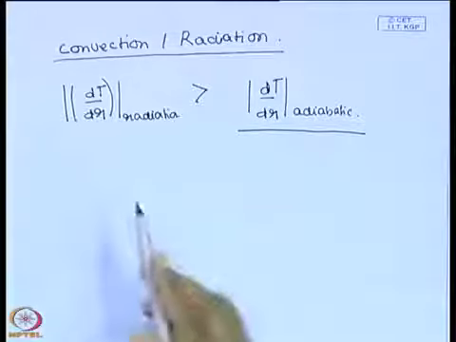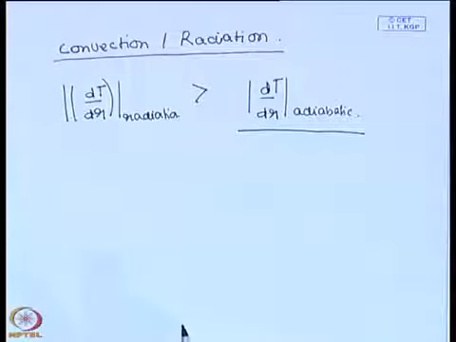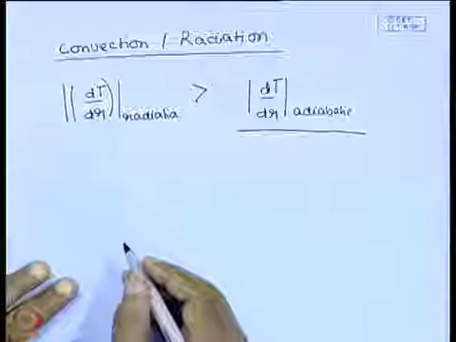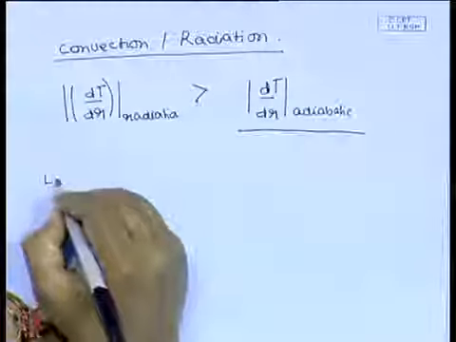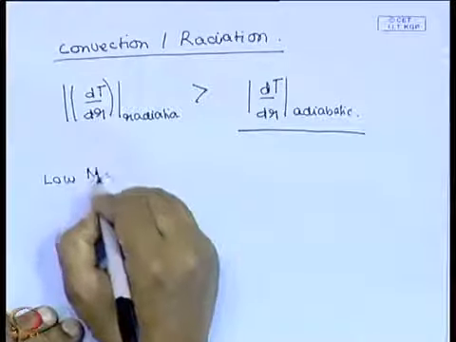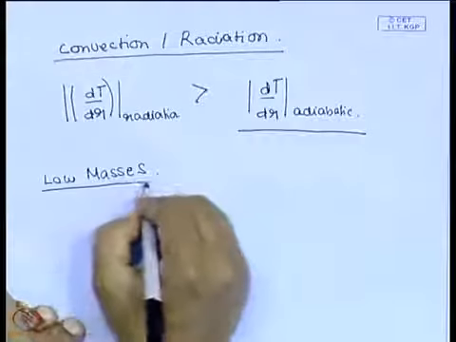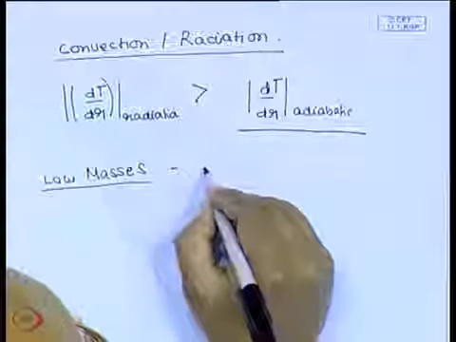Okay. Now, when you solve these equations, the 4 equations with the extra conditions that we have discussed, it turns out that for low masses, the energy transport is entirely convective.